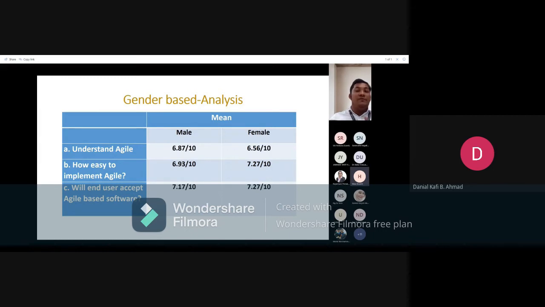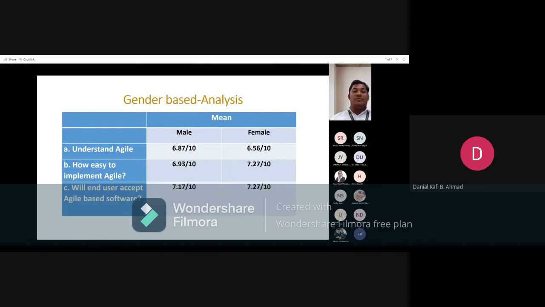We don't know. Okay, so will end users accept agile-based software? For male it is 7.17 over 10, and for female it is 7.27 over 10. So we can see the differences between the figures. But since the regrouping was made to make the sample valid, when we did the analysis, the probability value does not fall within 0.05, which is 95% confidence, or even 0.10, which is 90% confidence.